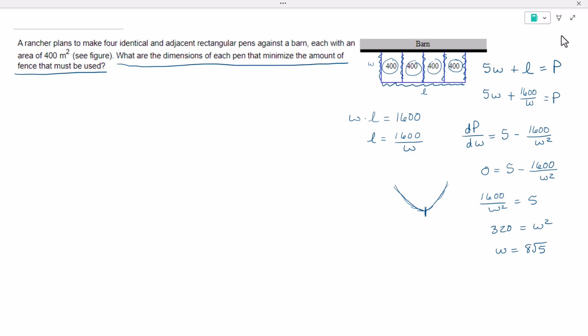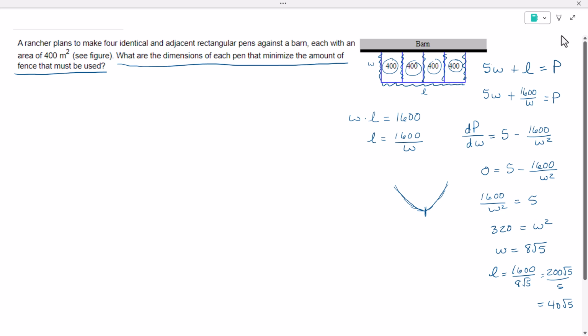So width is going to be 8 square roots of 5. And I know that my length was 1600 over the width. So L is 1600 over 8 square roots of 5. I get 200 over square root of 5, rationalizing that, and that's going to give me 40 square roots of 5.